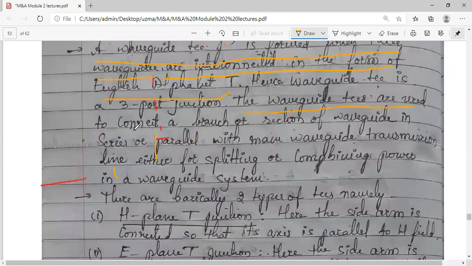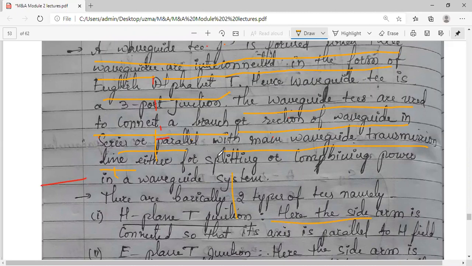The waveguide T's are used to connect a branch or a section of waveguide in series or parallel with the main waveguide transmission line. You have seen, in series means you are connecting two different waveguides as a continuation, just to connect as a joint. Either series or parallel, we can use these waveguide T's in connection with your main transmission line.